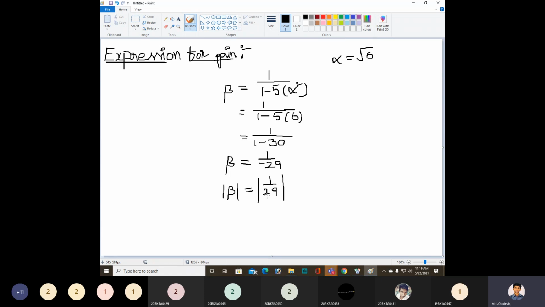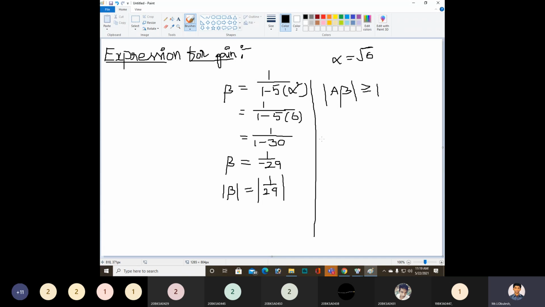For sustained oscillations, mod A beta is greater than or equal to 1. You know the beta value, right?